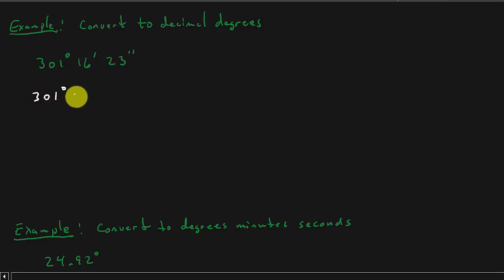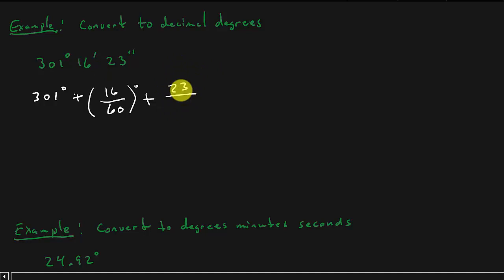So that's 301 plus, now we got to convert the minutes to degrees. So that's going to be 16 divided by 60, and that's degrees, plus, and now I have to convert seconds to degrees. So that's going to be 23 over, now think about it this way. If I go from seconds to minutes, I have to divide by 60, and that would put this in minutes.